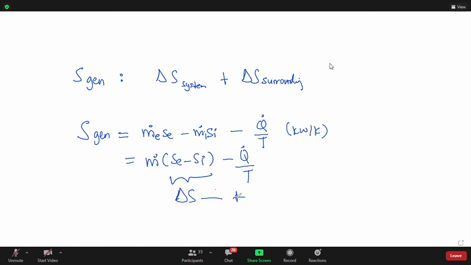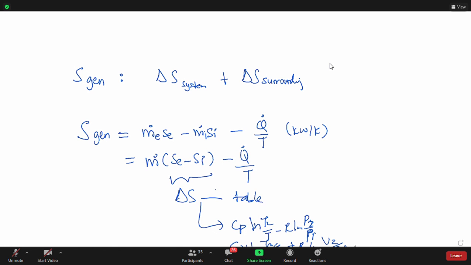So either you use the table or you use cp ln T2 over T1 minus R ln P2 over P1, or cv ln T2 over T1 plus R ln V2 over V1. Okay, so that's how you evaluate that.